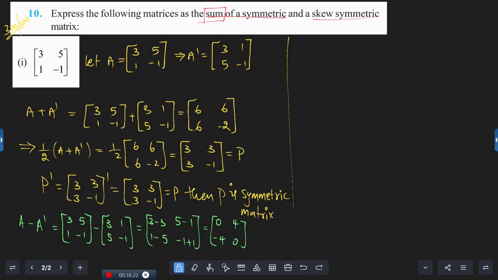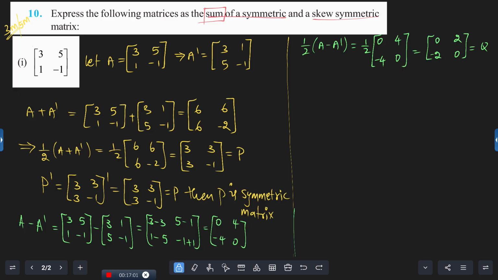We should multiply 1 by 2 on both sides. So A minus A dash is equal to half into 0, 4, minus 4, 0. If you multiply the half inside, it will be divided by 2 for each element. So 0 by anything is 0, 4 by 2 is 2, minus 4 by 2 is minus 2, 0 by anything is 0. So this one I'm taking as the Q matrix.